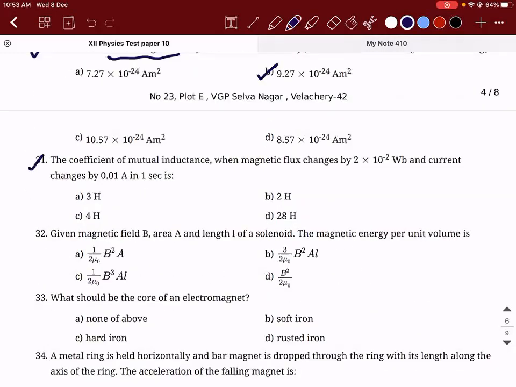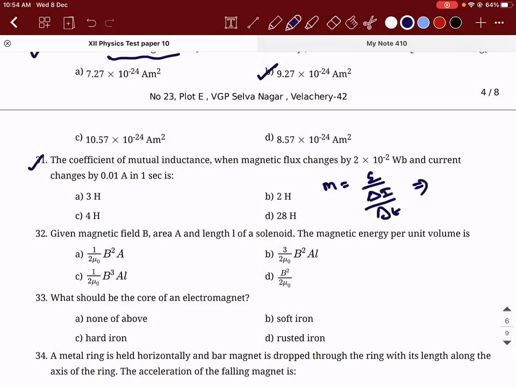31st. The coefficient of mutual inductance when magnetic flux changes by 2 into 10 power minus 2 Weber and current by 0.01 ampere in 1 second. So how do you find it? M is equal to E divided by delta I by delta T. M is what we need to find.